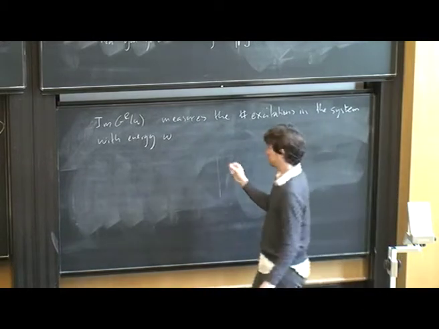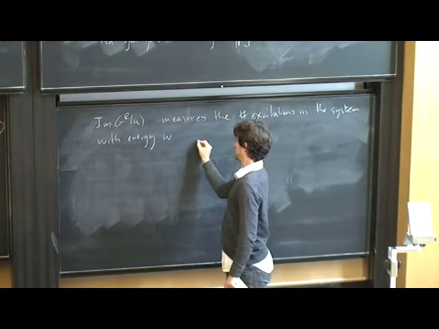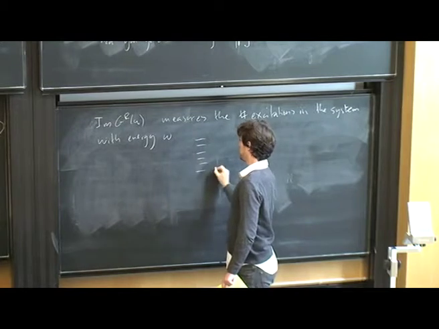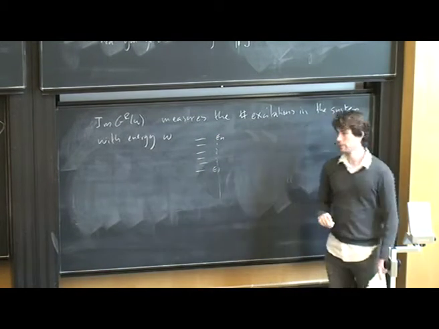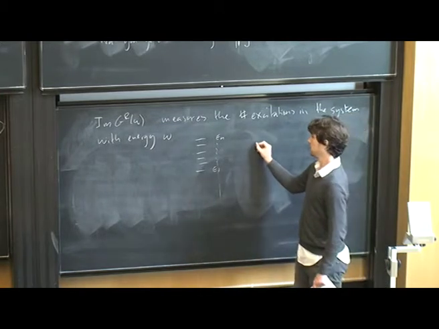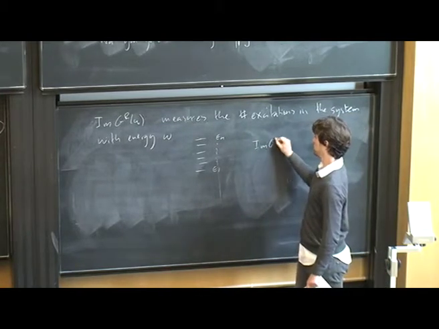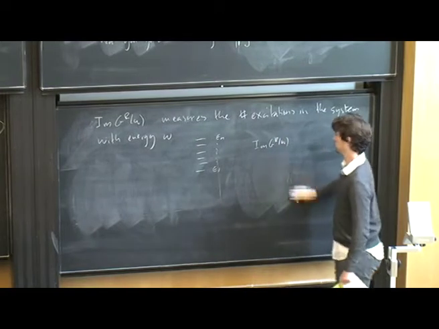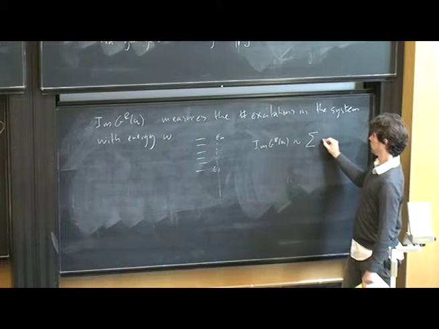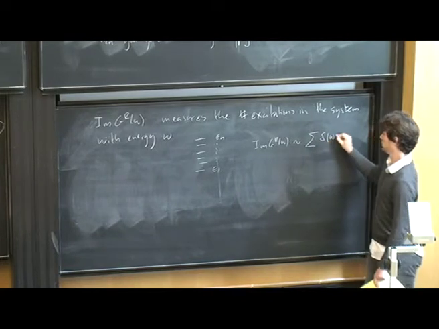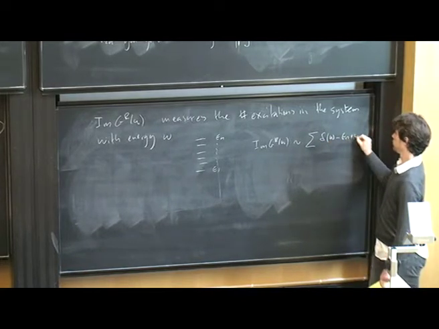So again, for example, suppose you've got some quantum mechanical system with a bunch of energy levels. Then the imaginary part of the retarded Green's function of the system is basically the sum over delta functions of all differences in energy levels.